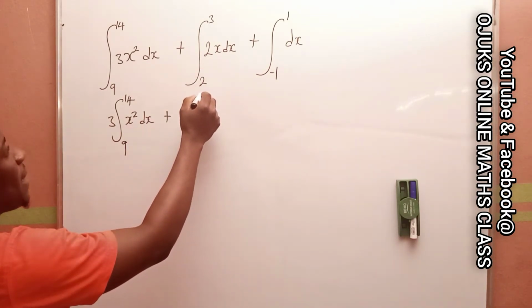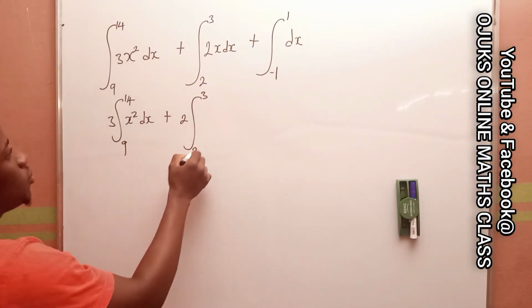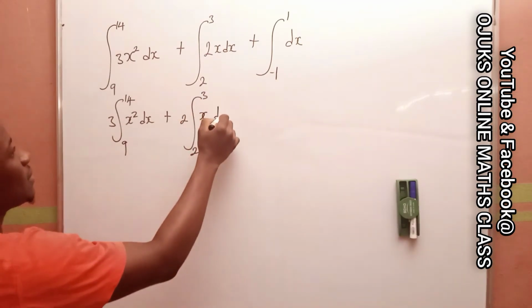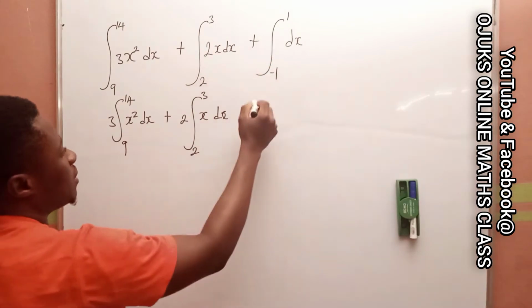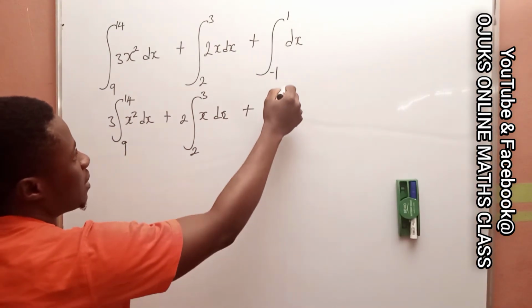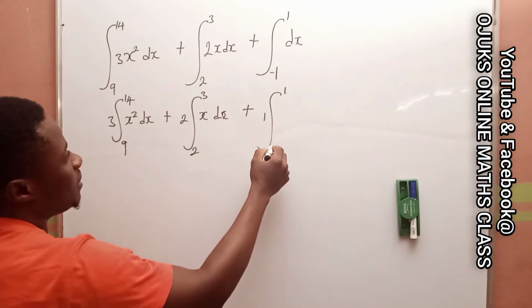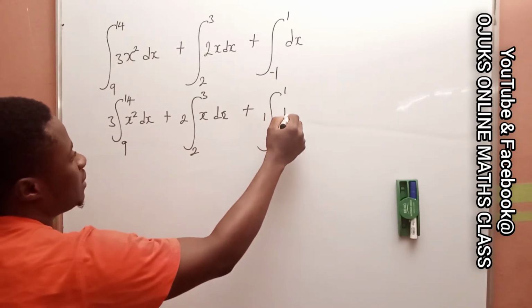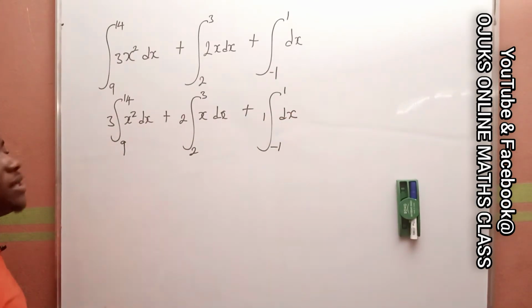Then we assign our upper and lower limits, 3 and 2, x dx, then plus the integral where the constant is 1, we bring it out, then assign our upper limit 1 and lower limit minus 1, dx. Now let's do the integration.